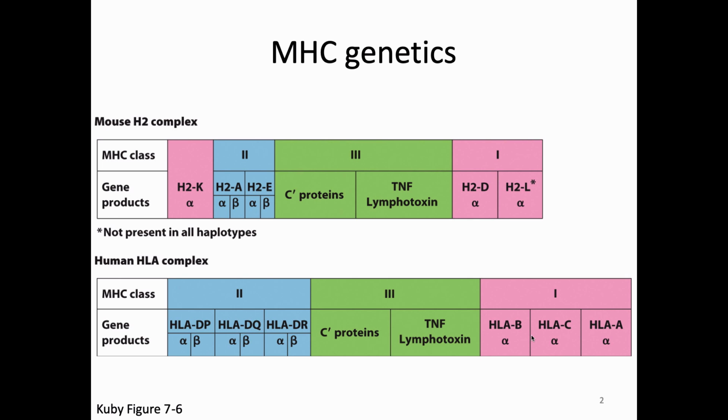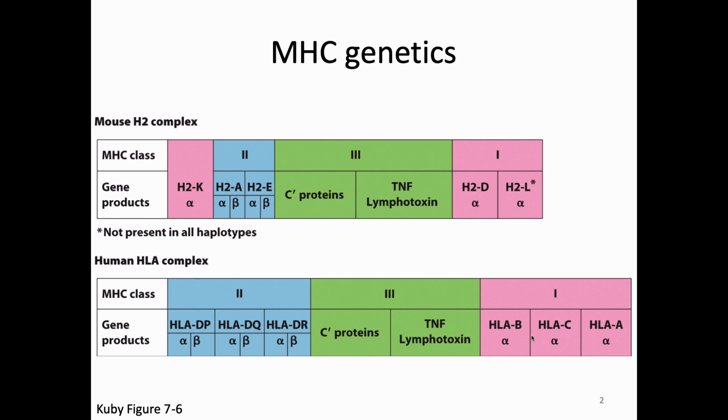And in human, this is known as the HLA complex. So in the HLA complex, they were really just random antigens that were on leukocytes that people were having fun making groups of. And so they were called the human leukocyte antigens.